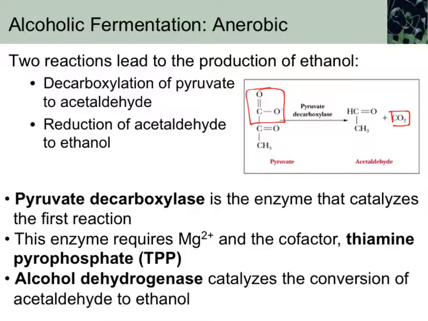What if we wanted to look at acetaldehyde to pyruvate? Well, then we might call that acetaldehyde carboxylase. But again, depending on how it was initially discovered, the enzyme name gets associated with the initial discovery. It's pyruvate decarboxylase because we're removing a carboxylate from the pyruvate.